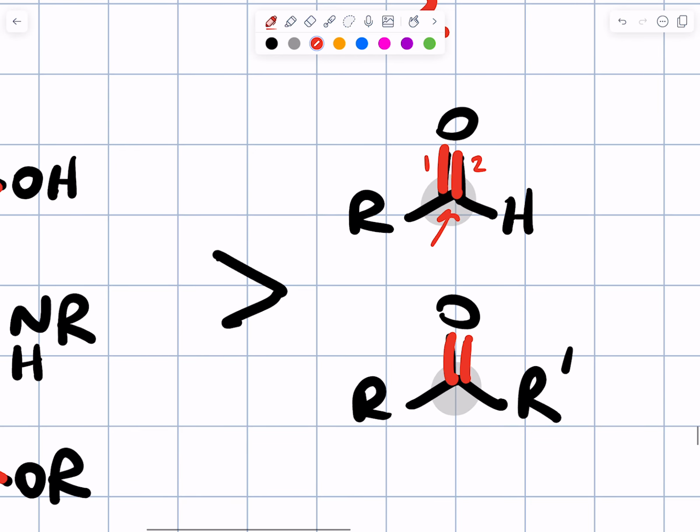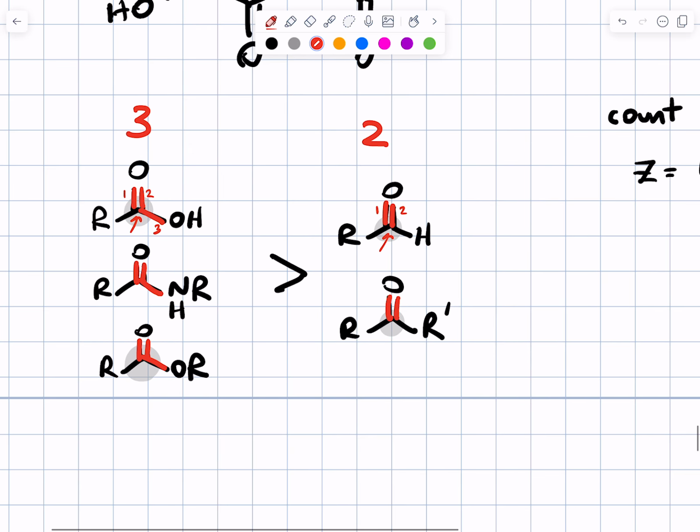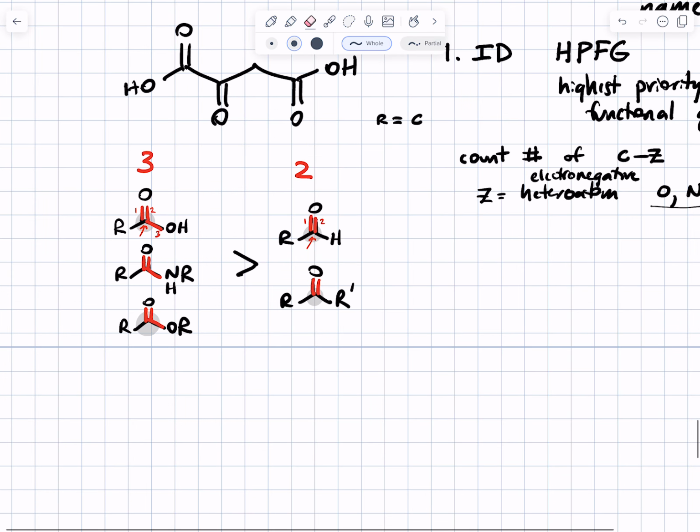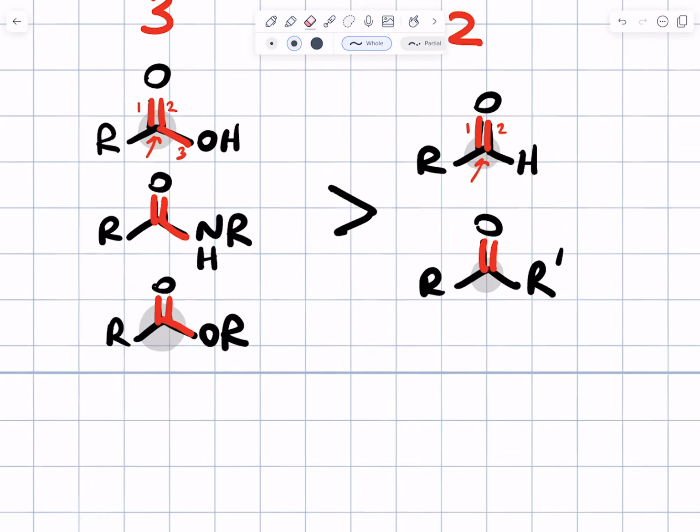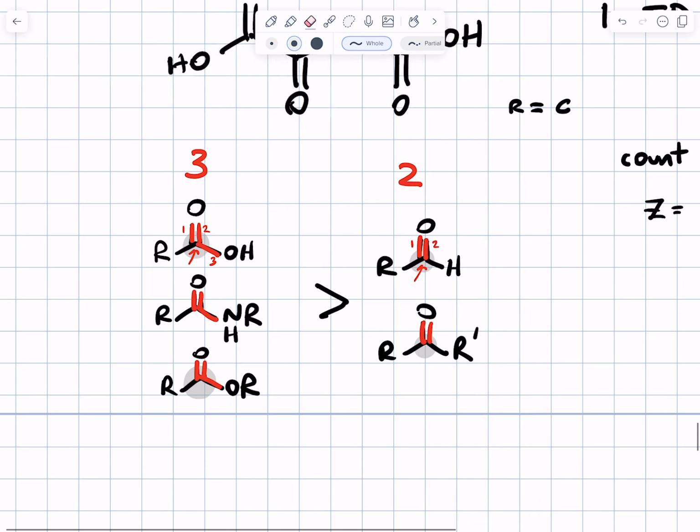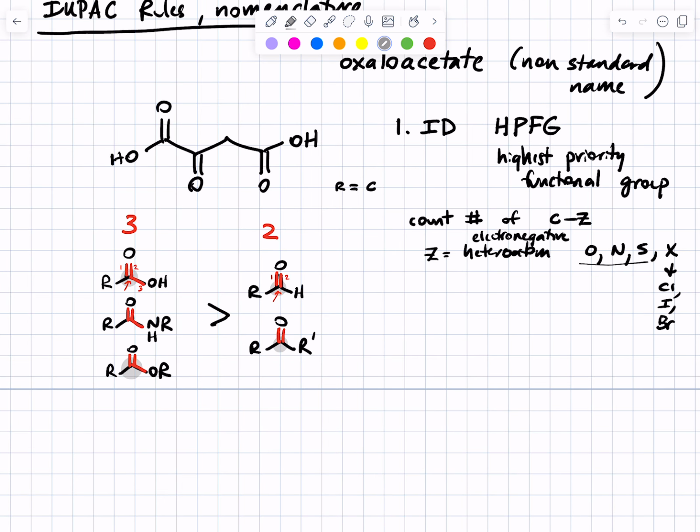Yeah? Isn't our group generally not going to be that oxygen? Right, and I should be clearer about that, shouldn't I? R is usually going to equal carbon or hydrogen, but mostly carbon, some kind of carbon. The second example underneath the 3, what we're looking for is not only, and I should have been clear about this too, thank you, we're looking not only for oxygen, but for nitrogen or sulfur.